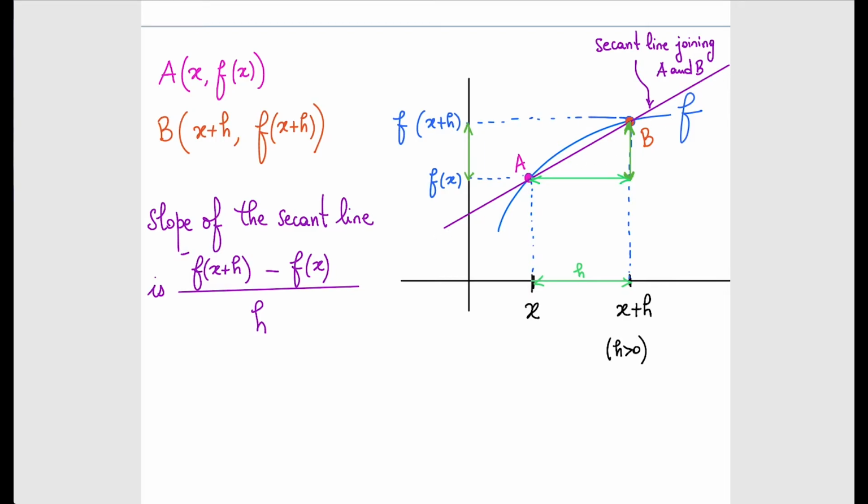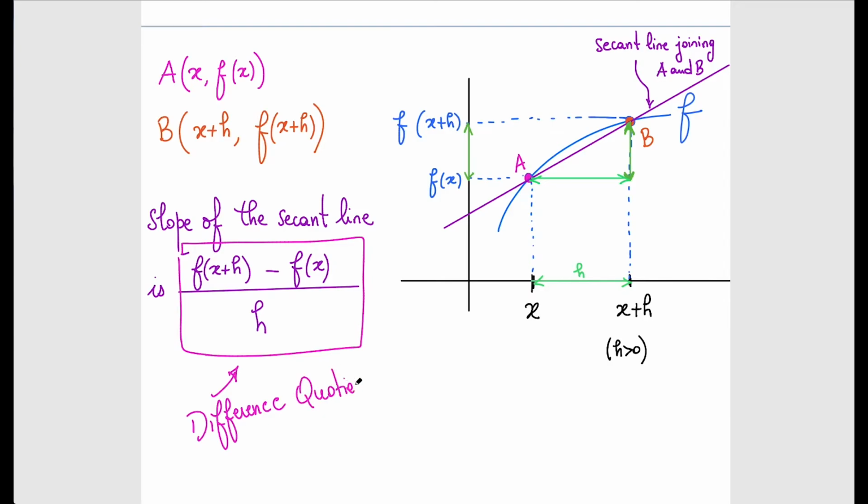And this quotient actually has a name. This quotient is called the difference quotient. Okay, so it's a quotient of differences, change in y over change in x.